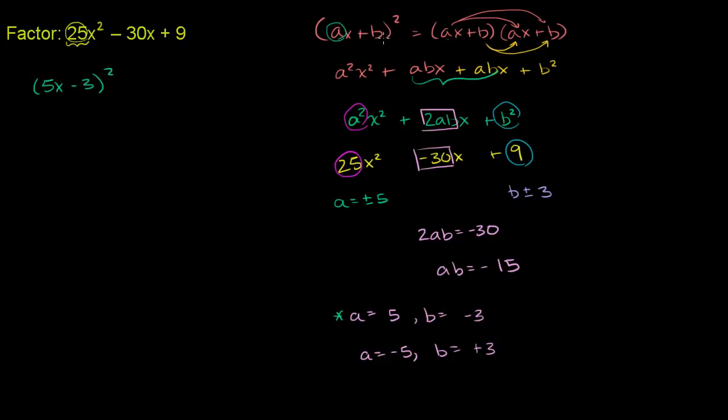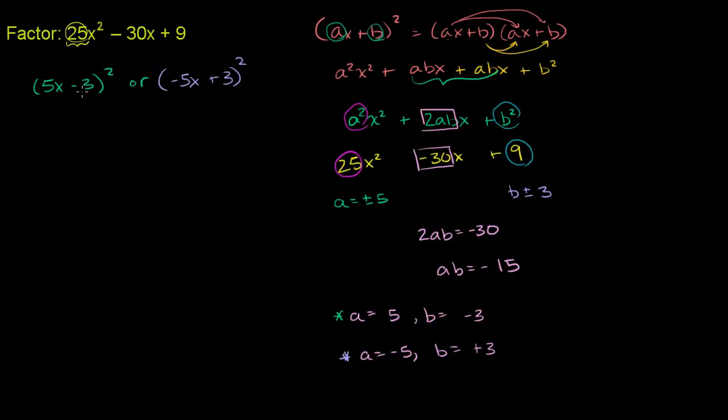Or we could switch the signs on the two terms: a could be negative 5 and b could be positive 3, or it could be (negative 5x plus 3) squared. So either of these are possible ways to factor this.